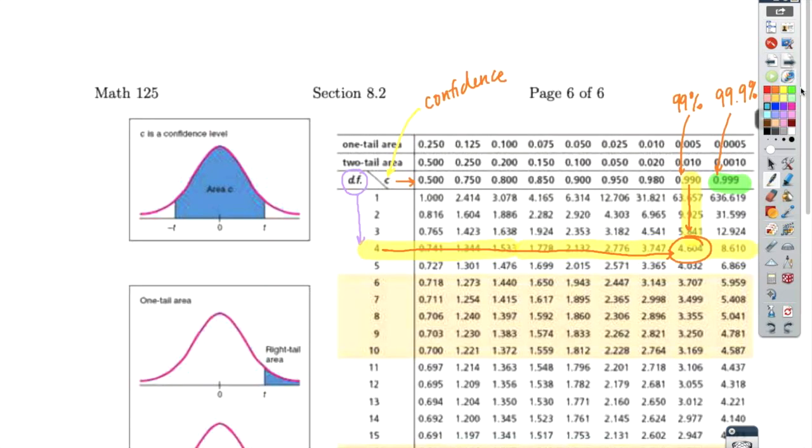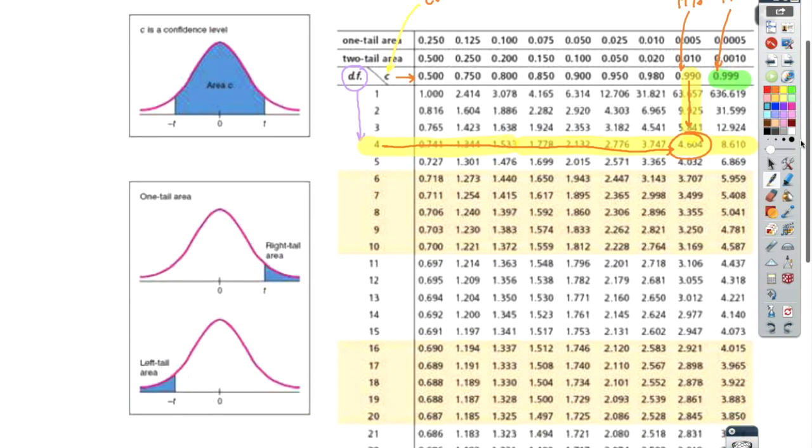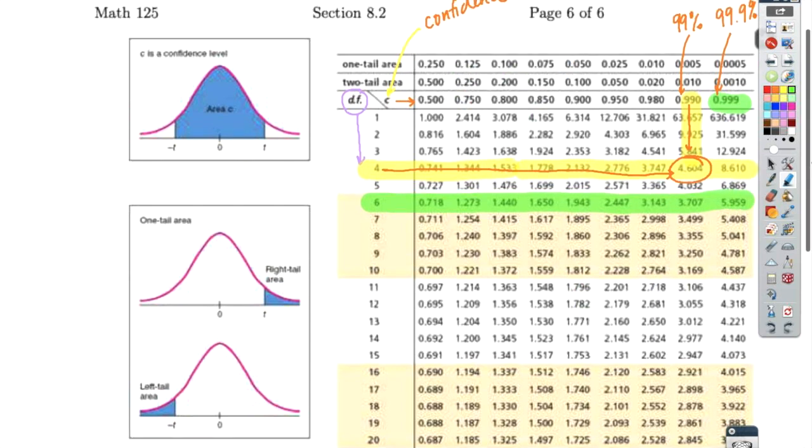So going to this table, let's come down to degrees of freedom, remember that's along this left column. Degrees of freedom is 6, which tells me I'm looking only in this row on the table. And my confidence level that I want is 99%. Even though there's 2 decimals here that start with 0.99, 99% is 0.990, not 0.999.